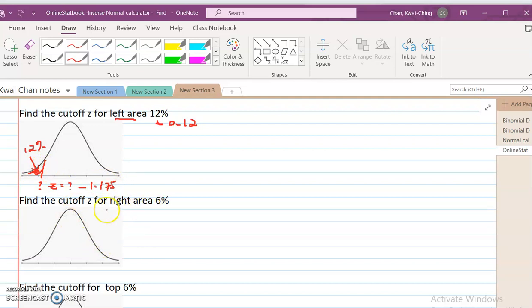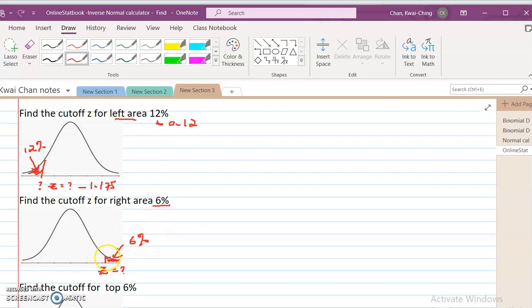The second one is to find the cutoff for a right area of 6%. Right is on this side, and 6% is really small. It's hard to tell exactly what it is because you are trying to find the cutoff, but you know that the right area is 6%.